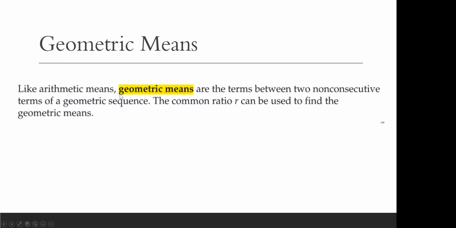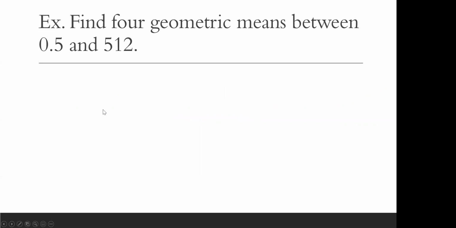Like arithmetic means, geometric means are the terms between two non-consecutive terms of the geometric sequence. The common ratio, r, can be used to find the geometric means. Okay, so it says to find 4 geometric means between 0.5 and 512. So we have 5 tenths, and there are 4 geometric means in between those two terms, because they are non-consecutive.